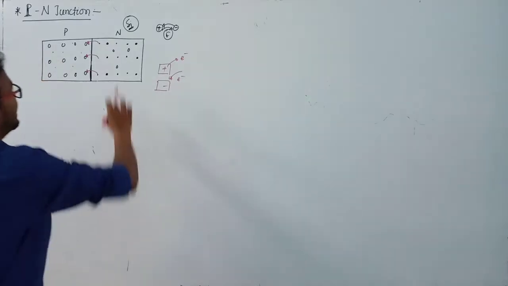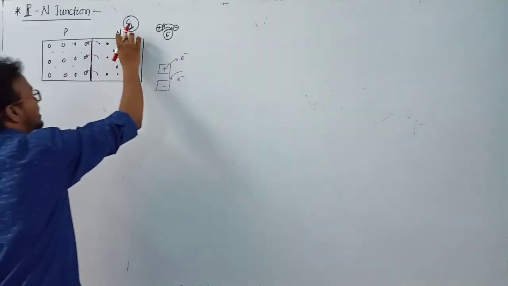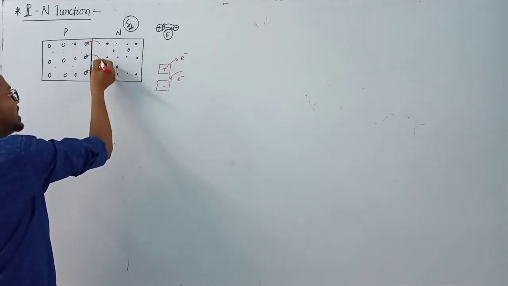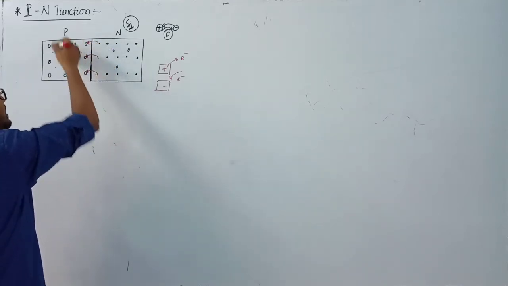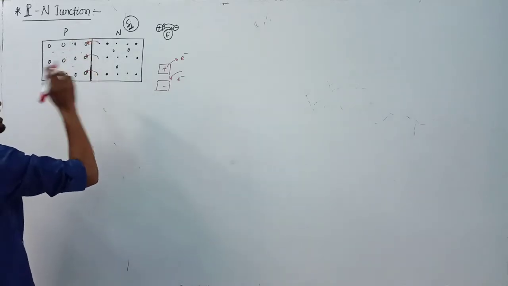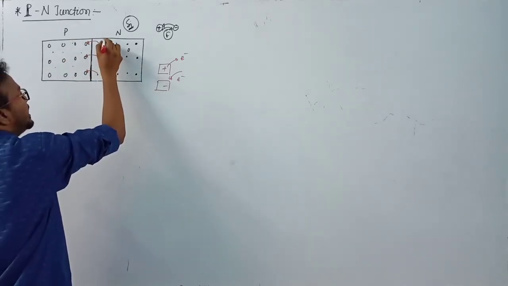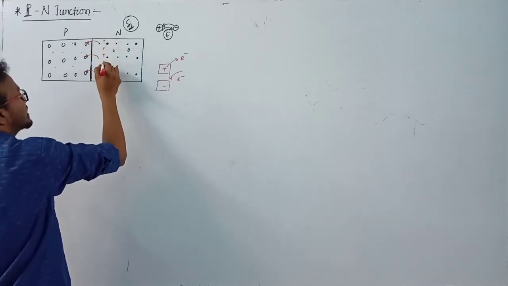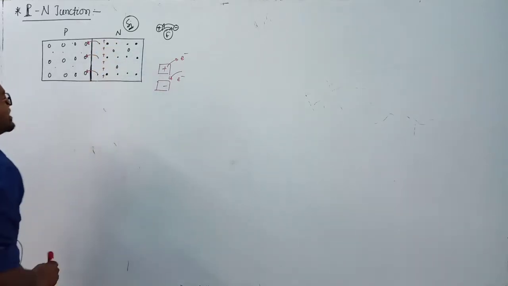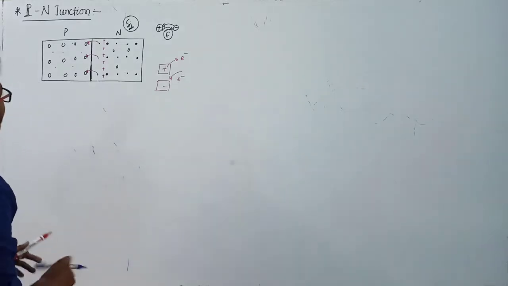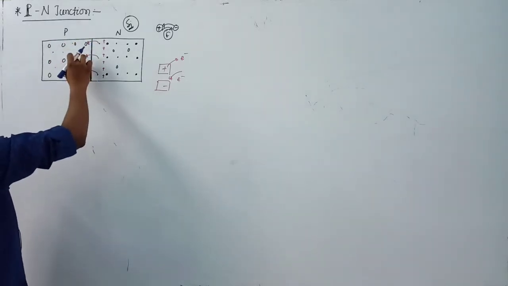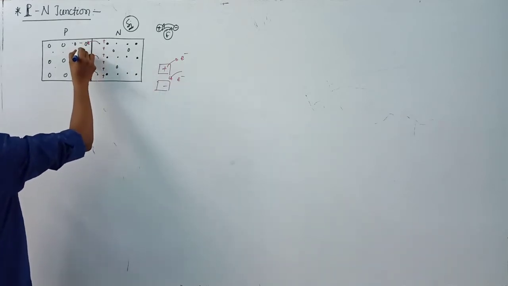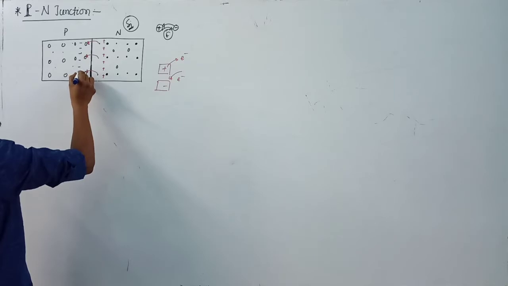So that's why this n-type semiconductor donates an electron towards the p-type semiconductor and it diffuses here. That's why a positive charge develops here in this case. Clear? Similarly, when it receives one electron, it will get a negative charge. So a negative charge develops here, like this.